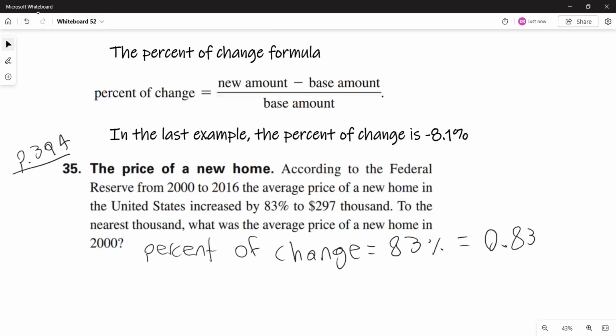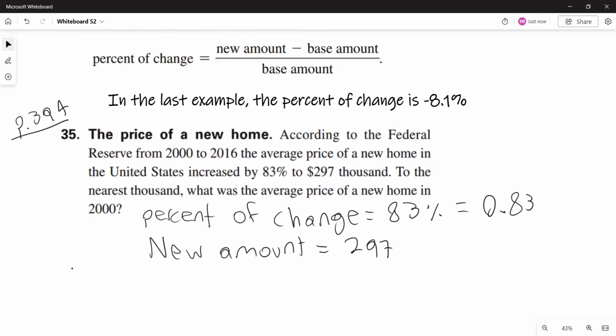So we know the percent of change, we know the new amount. We're going to write this in thousands, and we need to find the base amount. So let X be the base amount.